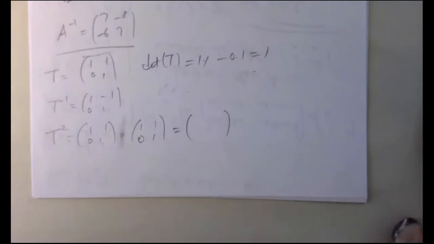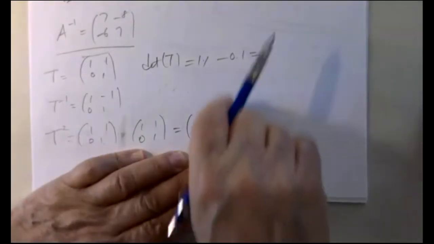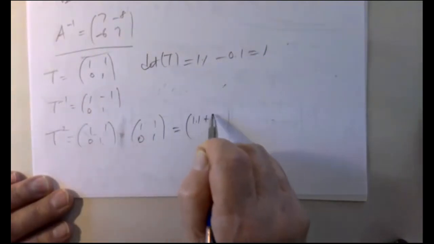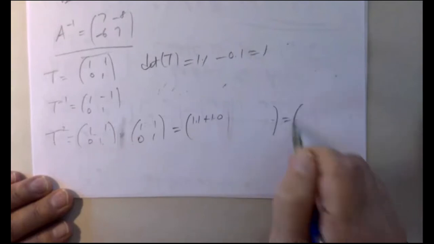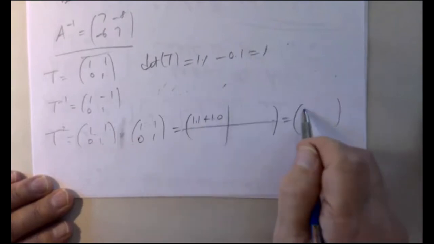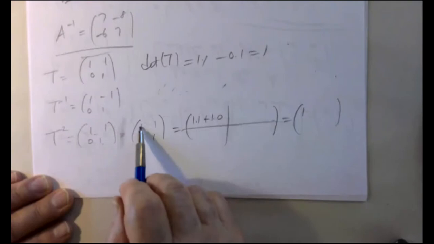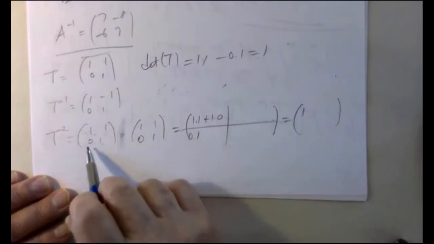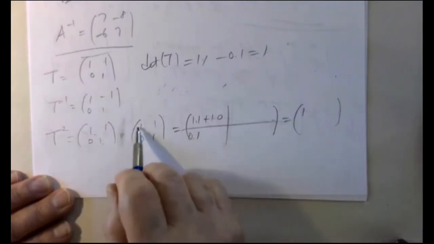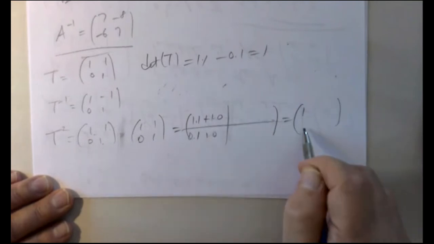Let's see. So row into column, 1 times 1. Let me just write this out. So this is 1 times 1 plus 1 times 0. 0 times 1 plus 1 times 0.